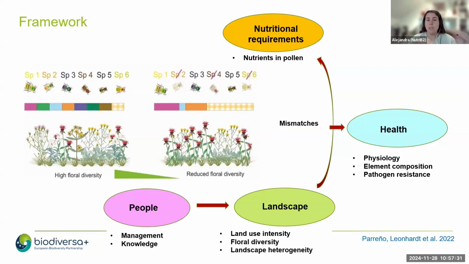And potentially that could lead to mismatches between the nutritional requirements from the bee species and what the landscape is offering to them. And that eventually we could assess that mismatch in health parameters like physiology, element composition, and pathogen resistance.